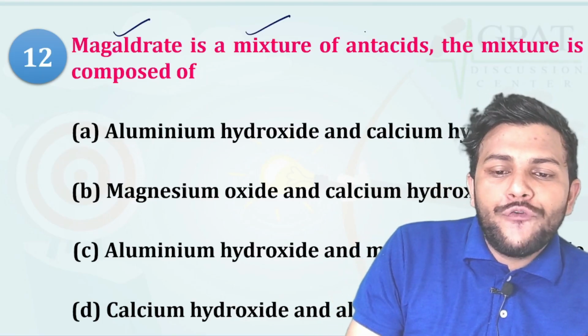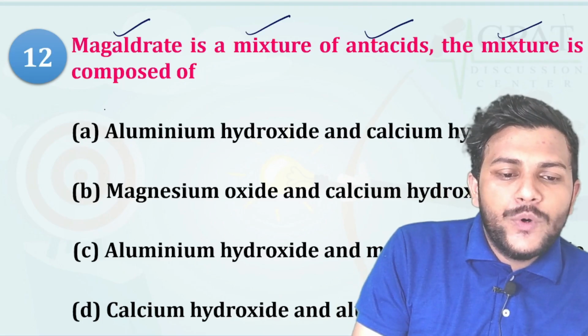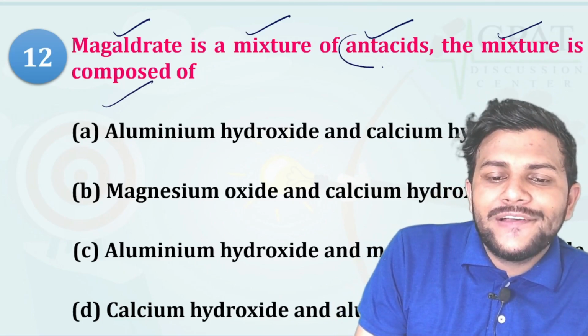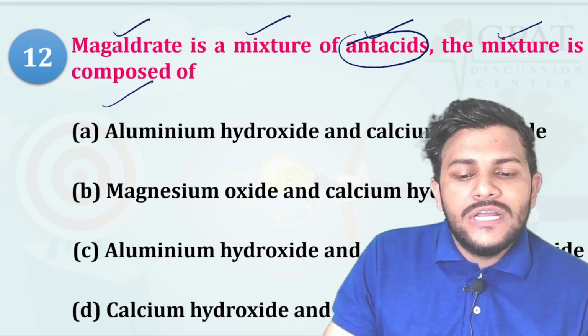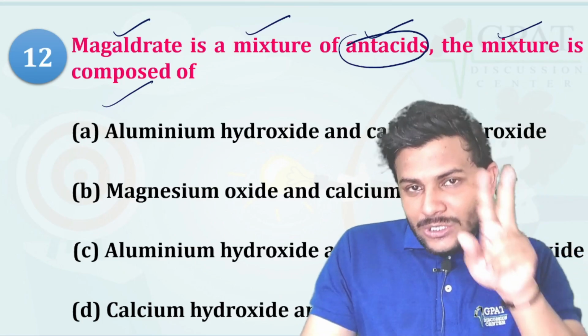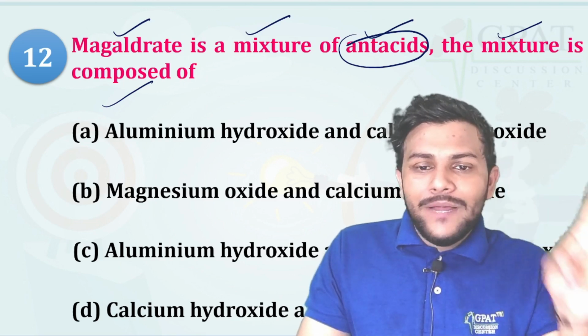Next, Megaldrate is a mixture of antacids, composed of aluminum hydroxide and magnesium hydroxide.